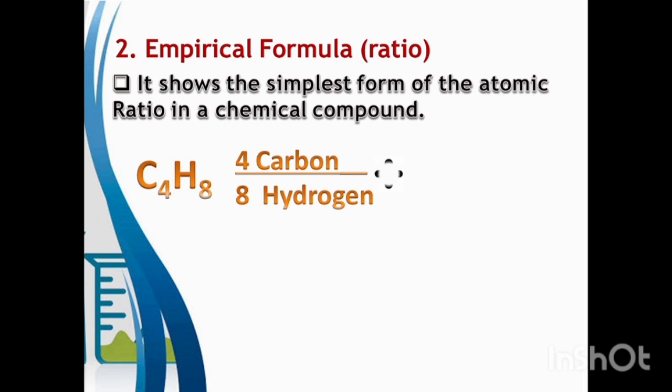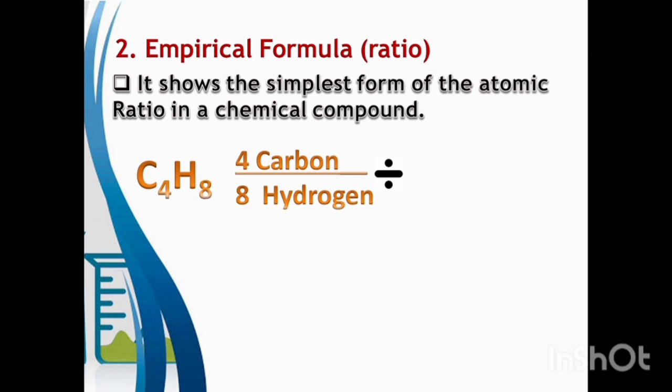The most important thing in the empirical formula is to find the simplest or most reduced ratio of the atoms in a compound. So you would think what is the largest number that could divide both of these.